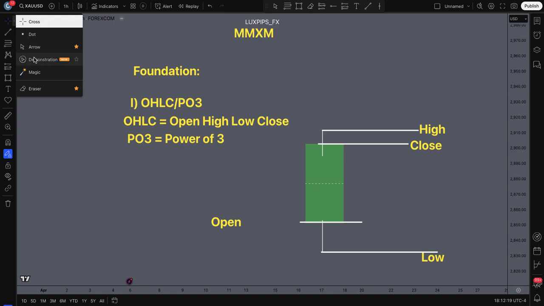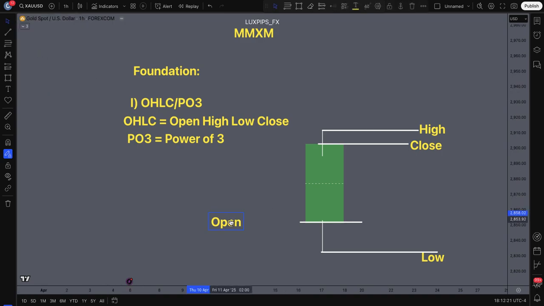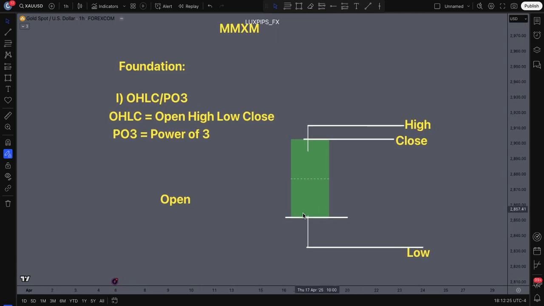I like to think of it as a triangle, because let's say that this 18 o'clock open is the baseline for your triangle. You want to be buying under that baseline.